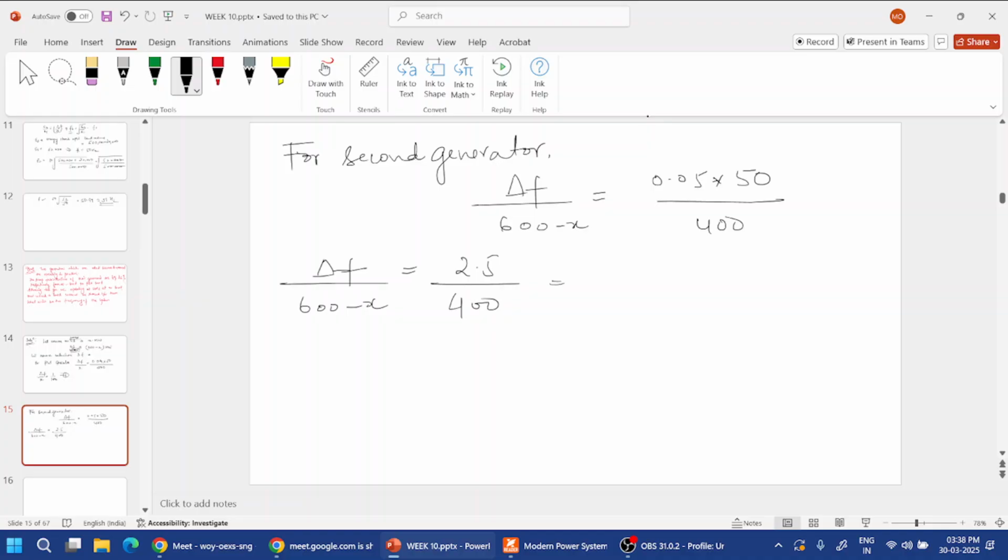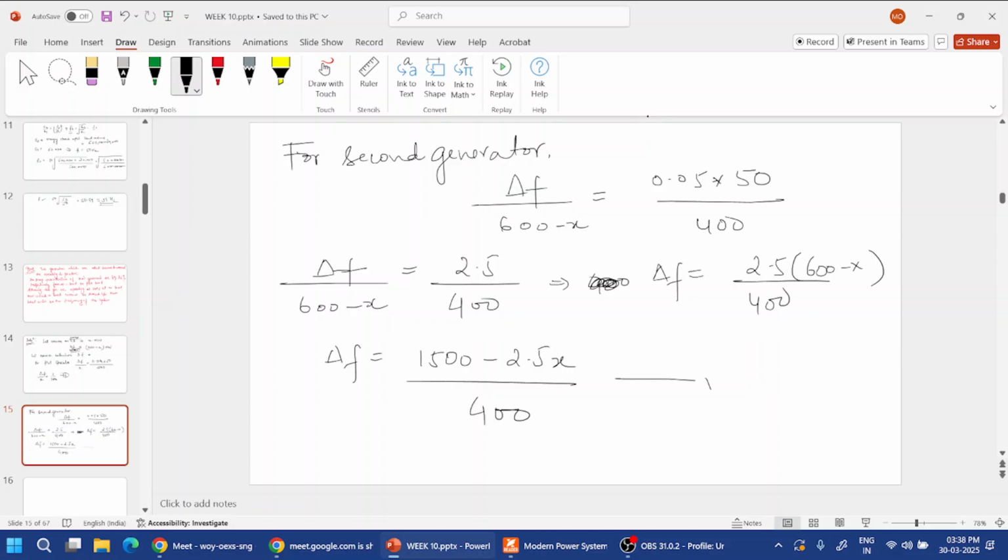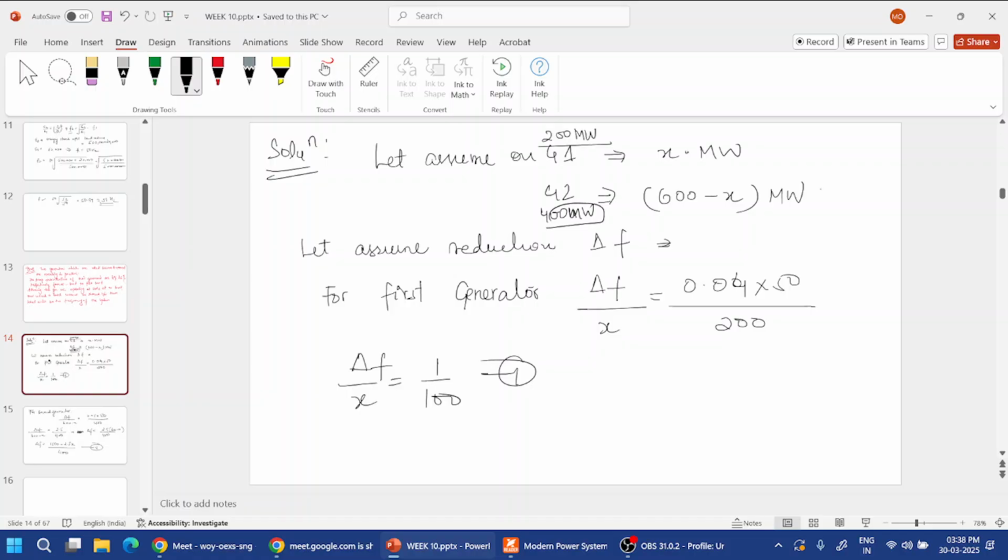Cross multiply, or let's solve it for del F. So del F here will be equal to (2.5 into (600 minus X)) upon 400, that is (1500 minus 2.5x) upon 400. Let's say this is equation 2. And equation 1, if we rearrange it, is del F equal to x upon 100.